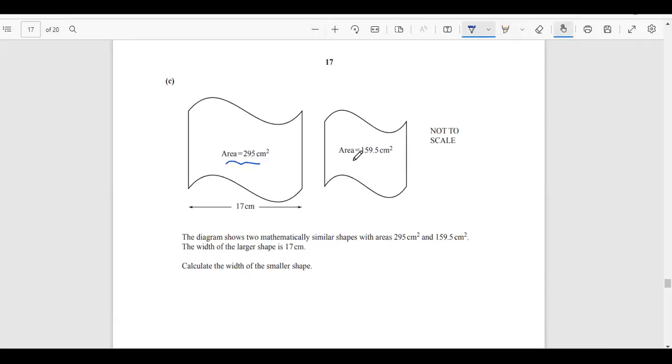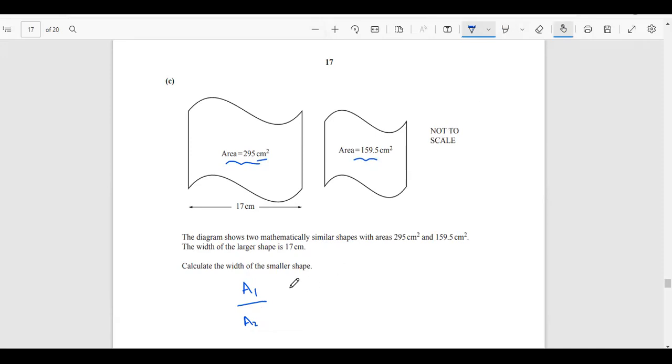We have the areas. So area of the bigger triangle, let's call it A1, divided by A2. Now, I need to be careful with this part because this is the area and the units are centimeters squared. I'm doing this question by simply taking the fraction.